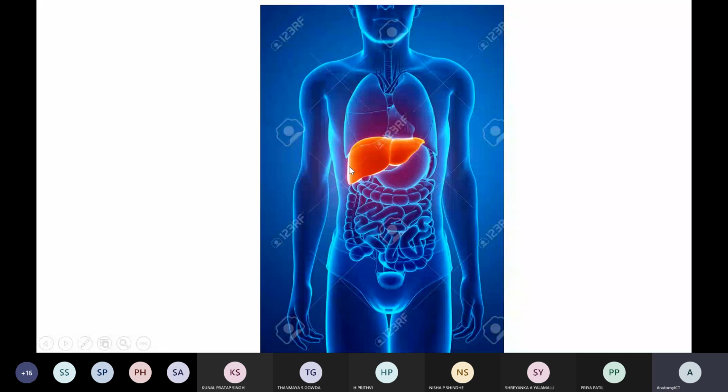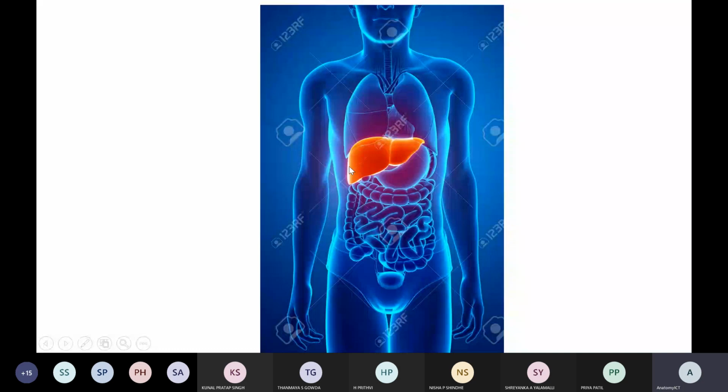When we draw two vertical lines through the mid-clavicular points and two horizontal lines, the whole abdomen is divided into nine regions. In the upper portion, we call this the right hypochondriac, the middle is epigastric, and this is the left hypochondriac. Chondrum pertains to the ribs; the abdominal structure below the ribs is the hypochondrium. In the middle we call it epigastric.